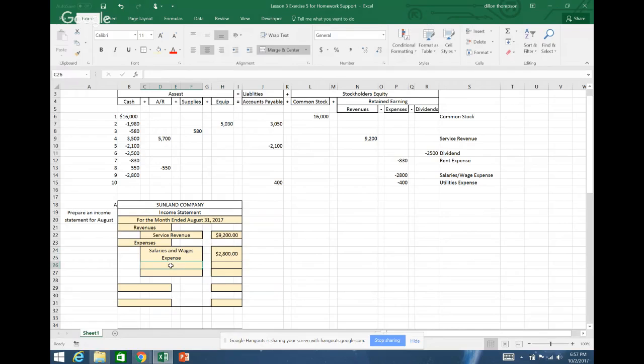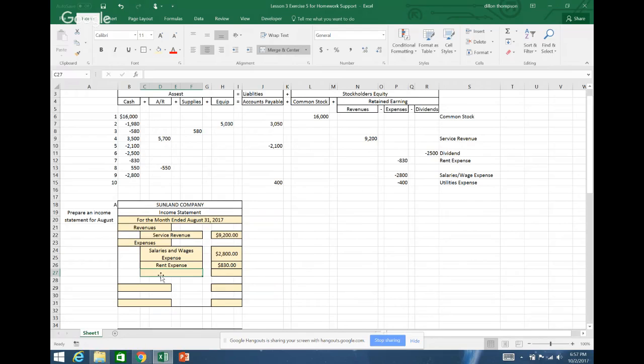The next one is rent expense, which is $830, which you can find right here under expenses and retained earnings.